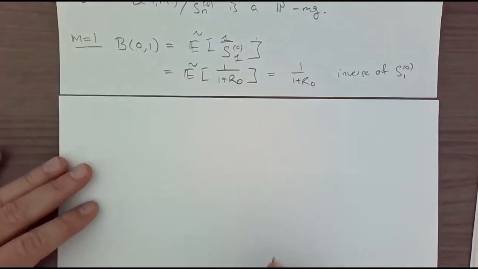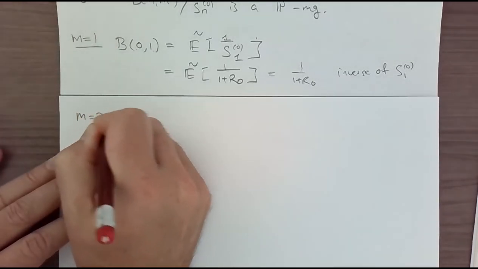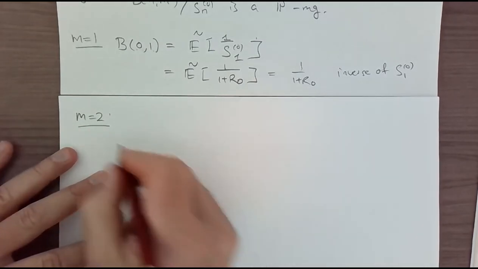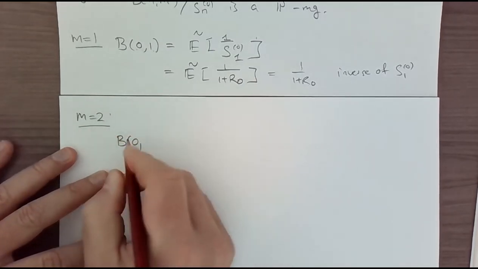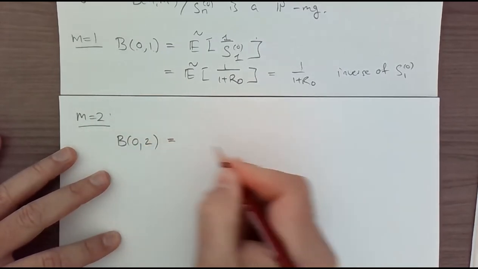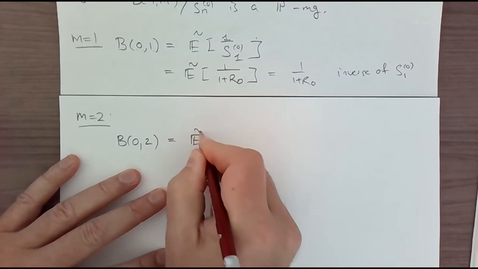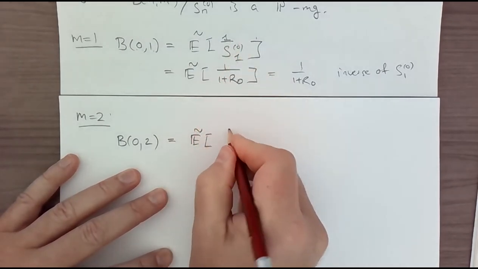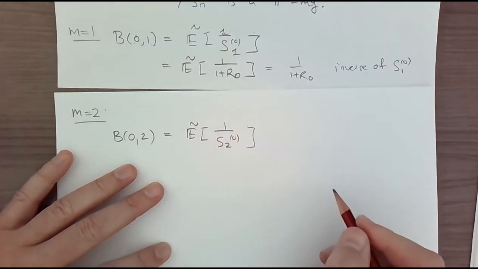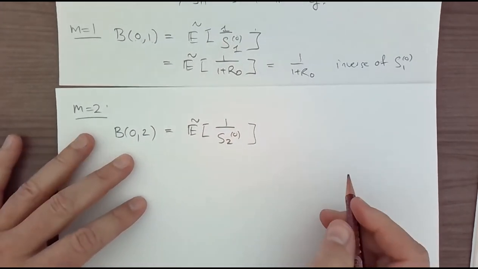Now let's move to m equal to 2. What is going to be my zero coupon bond? The zero coupon bond expiring at time 2 will be given as E tilde of 1 divided by S_20.